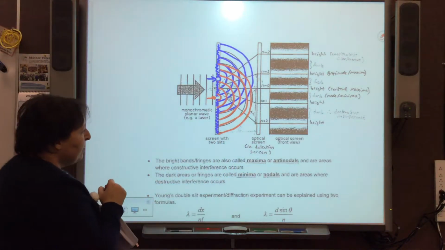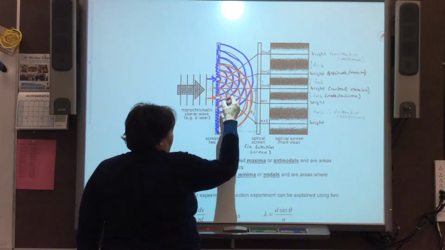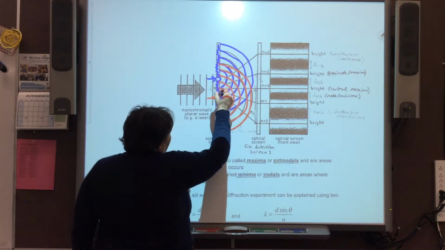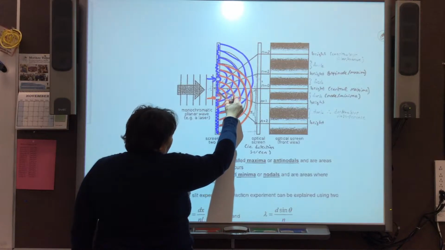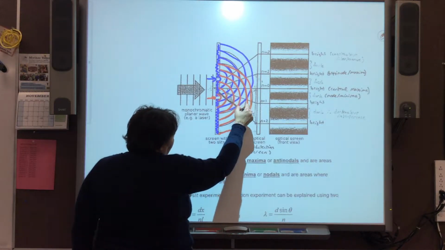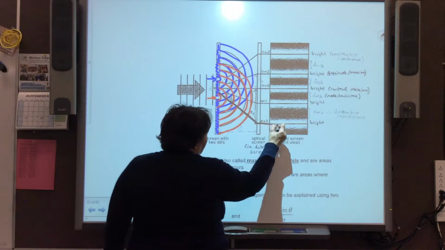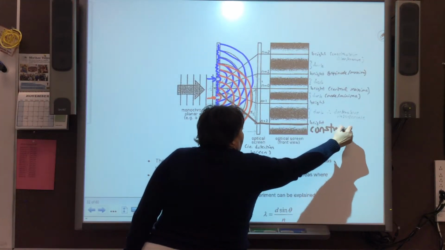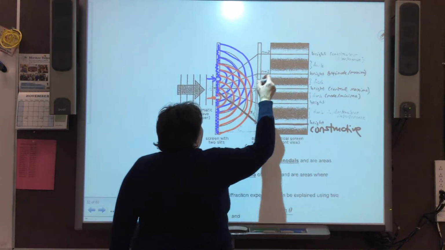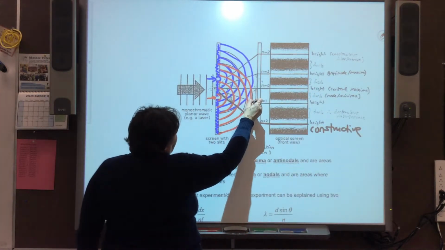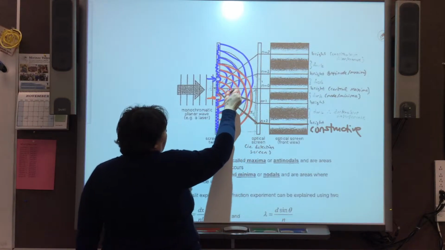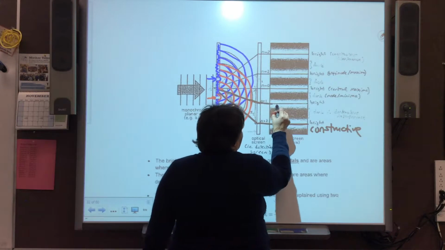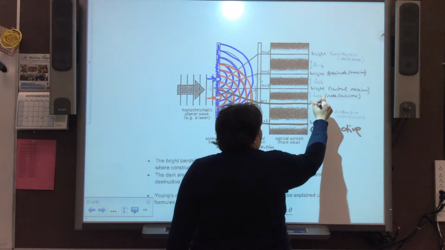Okay, where we see this cross line here, where we see this line here, and here's the X, and here's the X, we see constructive interference. Again, through here, through these X points here. So those are when the waves are meeting in perfect sync.